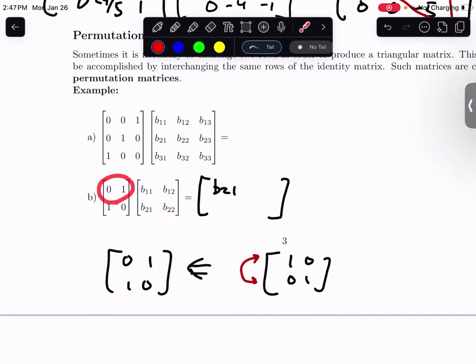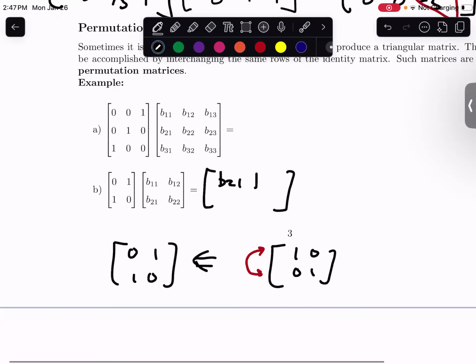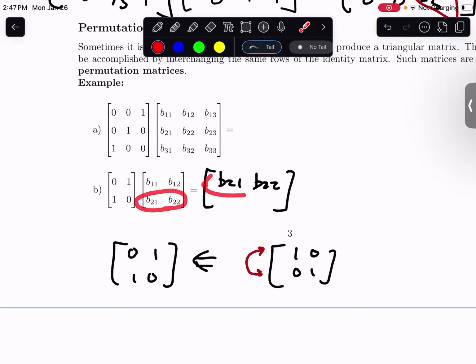And then the 1, 2 entry is the dot product of the first row and the second column, which is going to give you B22. So now the second row becomes the first row. And then the second row is going to be the dot product here with these columns, which is going to give you B11 and B12.